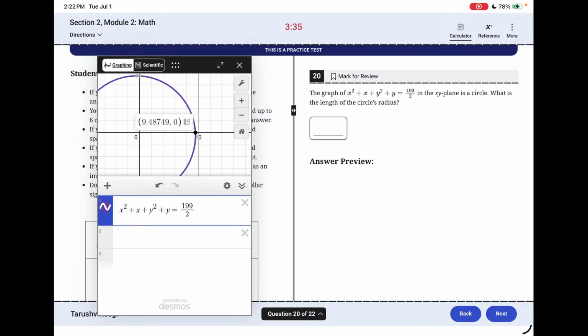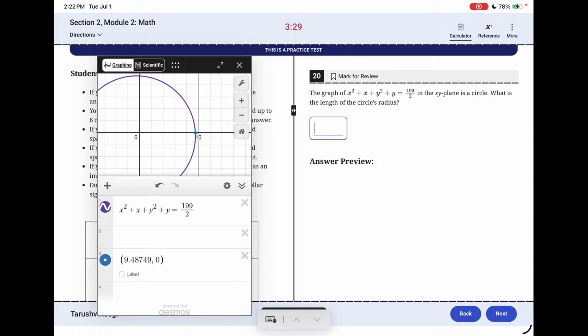So, radius length. 9.487. Okay. Yeah, that's right.